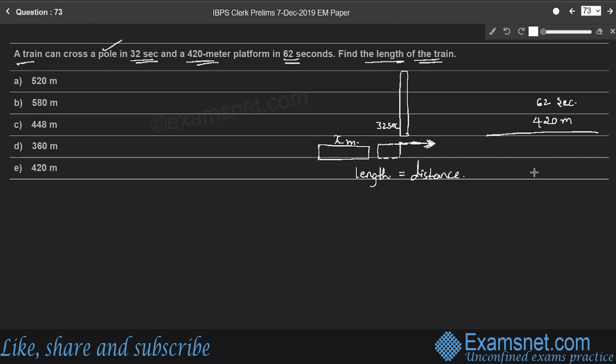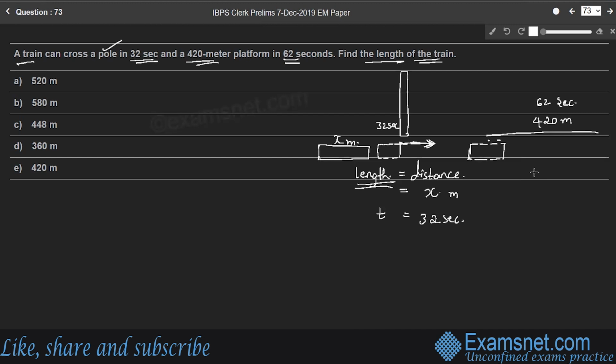When it completely crosses the pole, then the distance covered by it is equal to its length. Are you getting, students? Therefore, the distance covered by the train while crossing the pole is equal to x meters, and the time taken by it is given, which is 32 seconds. And also the train is crossing this platform.